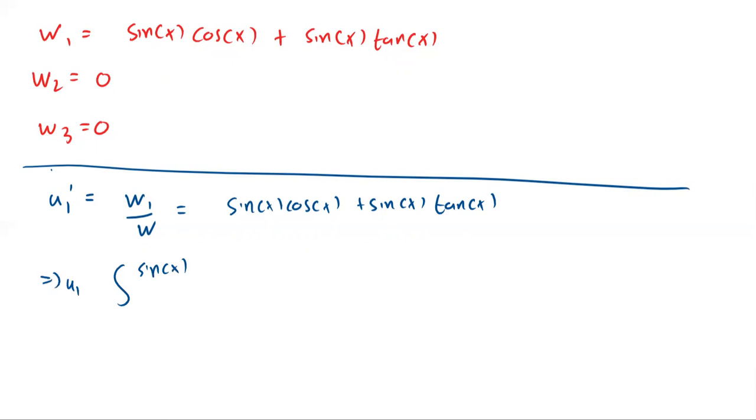So u1 would be equal to the integral of sine x cosine x plus sine x tangent x dx. Oh, I don't know why I wrote a square. Sorry, it's tangent x. And then you're going to get a constant of integration from here.